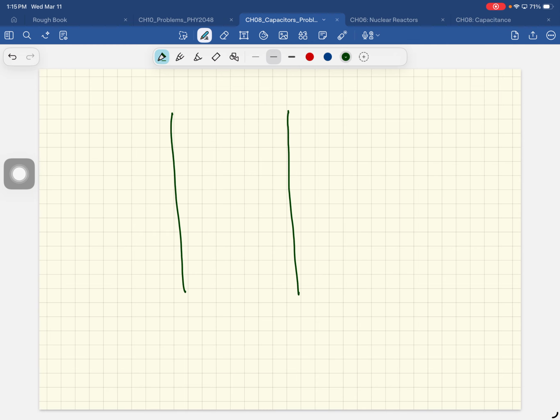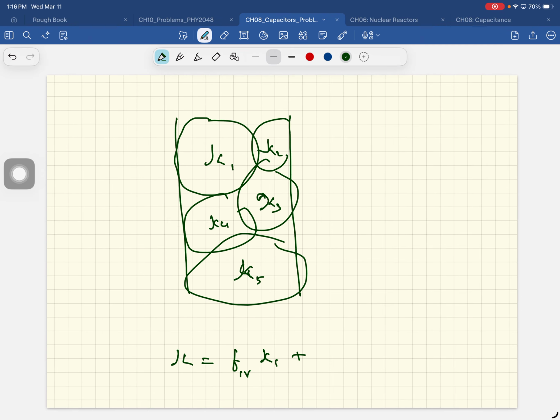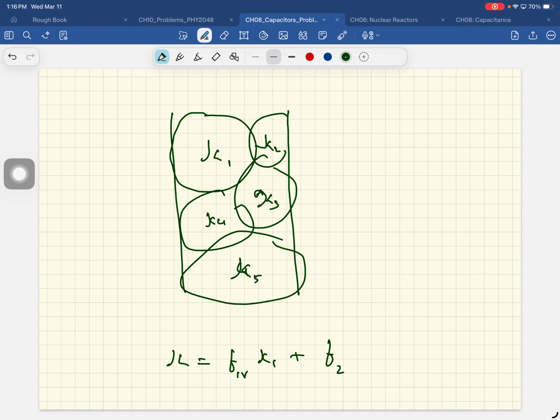So this would be a little hard to prove, but in general you would think that if you fill this thing with dielectrics kappa 3, kappa 4, kappa 5, the effective dielectric constant would be the weighted average: fractional volume 1 times kappa 1, plus fractional volume 2 times kappa 2, and so on.